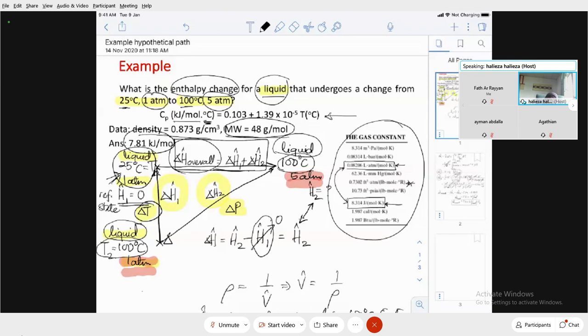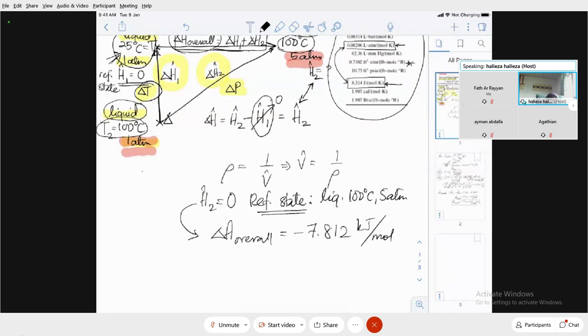Now, if you change it to the second condition, then you are calculating the specific enthalpy change for the first condition. If you selected your second enthalpy, H2, to be your reference state, then you are calculating H1. But if you already specified that this is 0, then you're calculating H2. And that's what you're actually doing when you draw the hypothetical path.